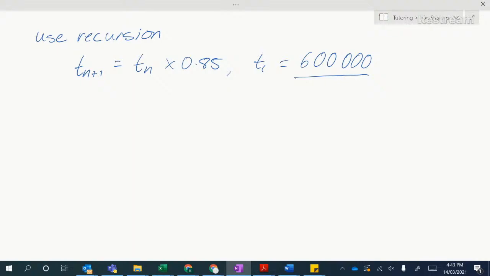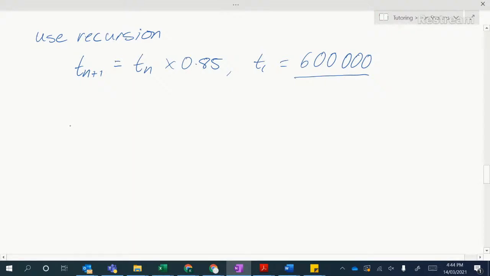And then you can just count the terms. So I've got my second term here is 510,000. My third term is 433,500. My next term, 368,475, etc., etc. And if you keep pressing enter and count the number of times you press enter, you eventually get to less than 100,000.